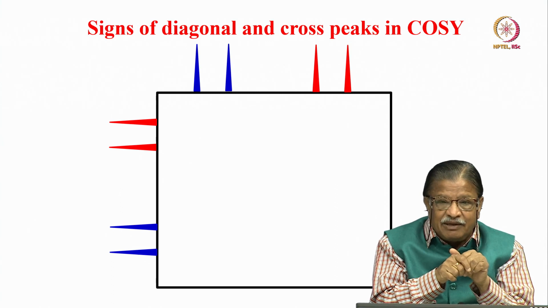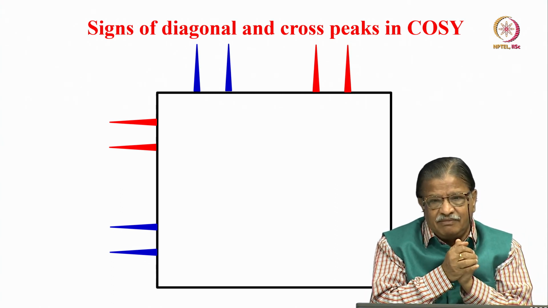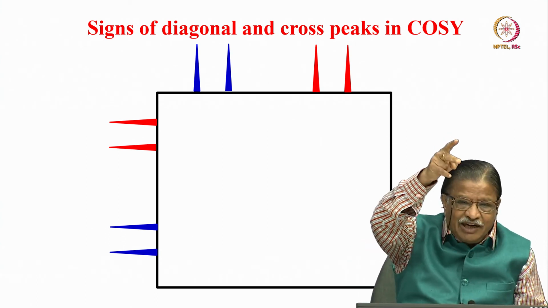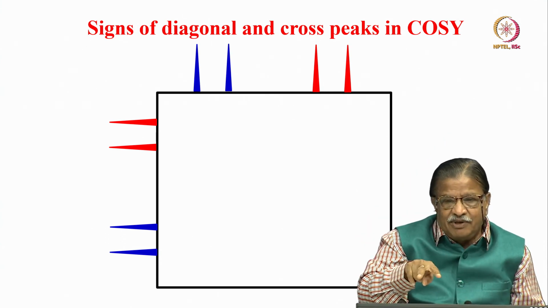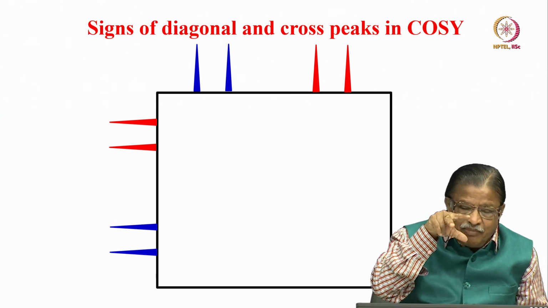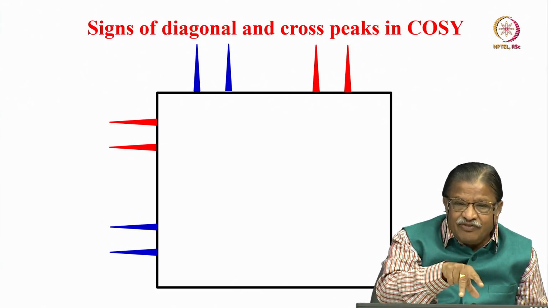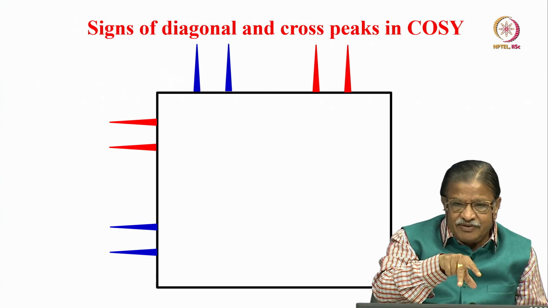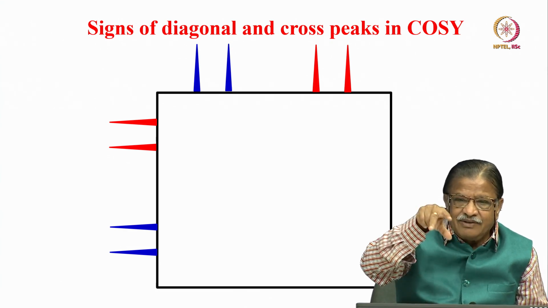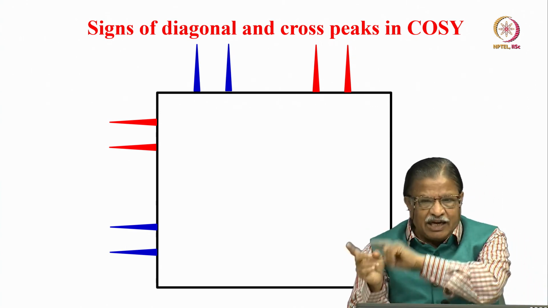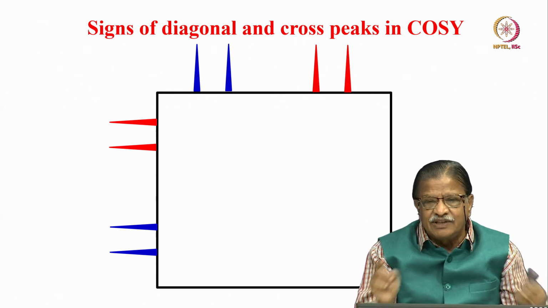Because of the J coupling, there is a splitting, so you will have a doublet in the F1 dimension and a doublet in the F2 dimension. Especially for the diagonal, the two doublets are in phase, positive, absorptive. Whereas the cross peak, because it is antiphase coherence transferred to antiphase coherence, is antiphase in character.